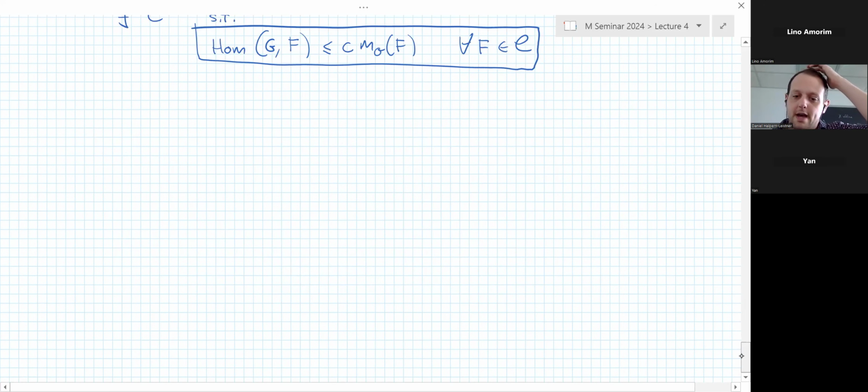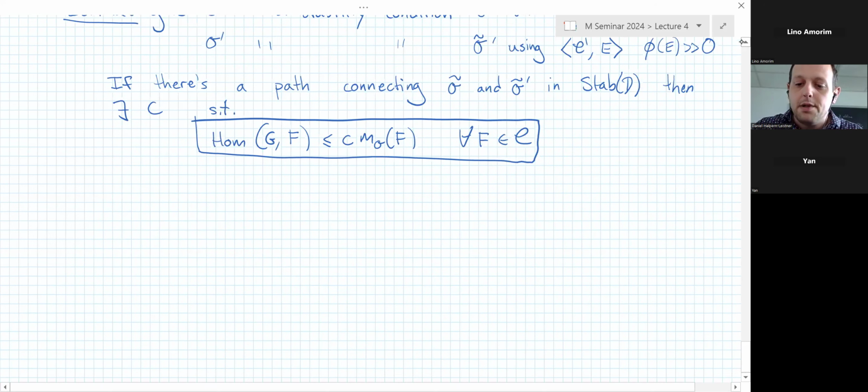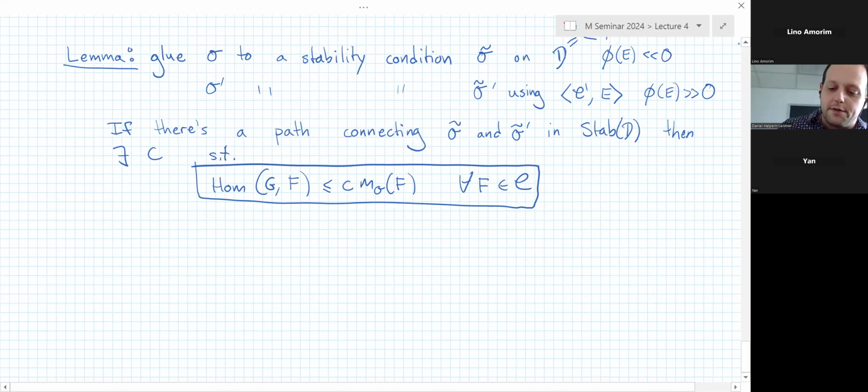So what does that have to do with the manifold with corners conjecture? Finally, if you believe that the manifold with corners conjecture holds for D, I can look at Stab D.